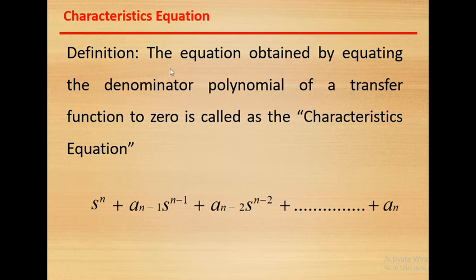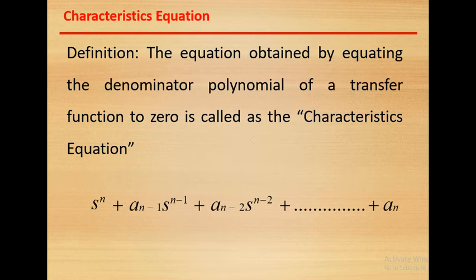The definition is: the equation obtained by equating the denominator polynomial of a transfer function to 0 is called the characteristic equation. This is very simple. If you are given any transfer function, just take the denominator of that transfer function and equate it to 0, then it will become your characteristic equation.